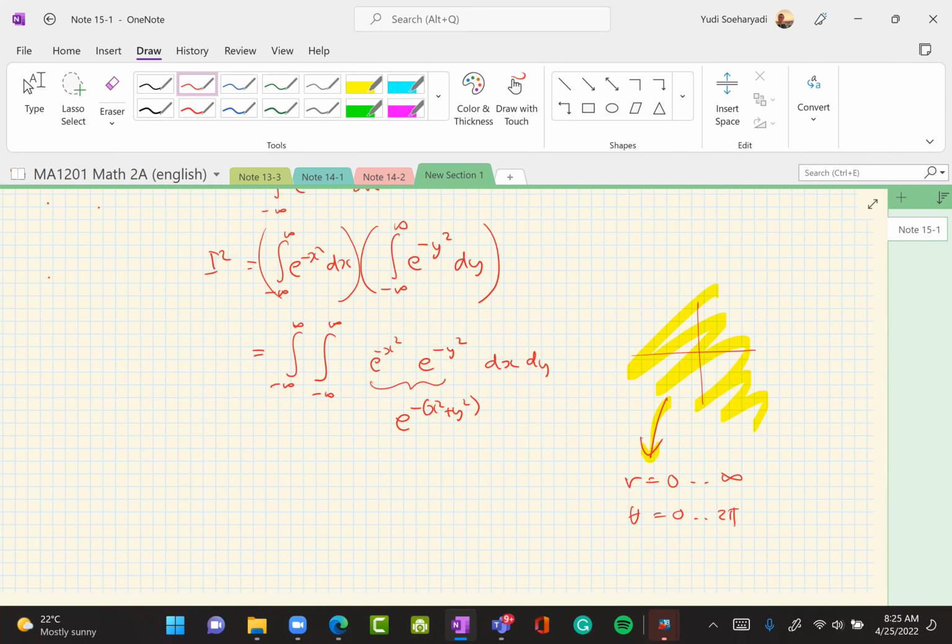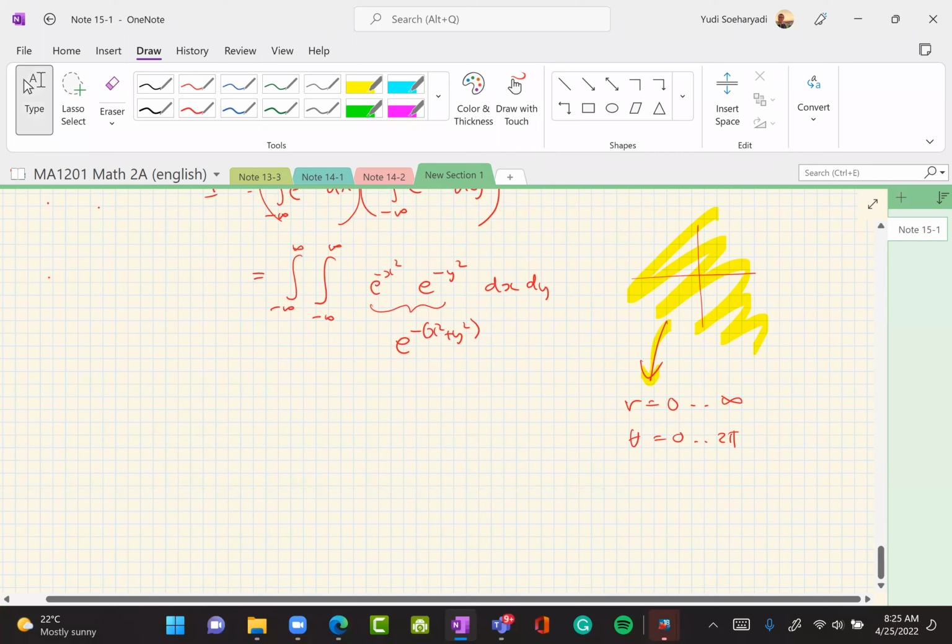Okay, so in polar, this integral should be 0 to pi over 2, 0 to infinity, this is r, and this one becomes e to the negative r squared, okay?